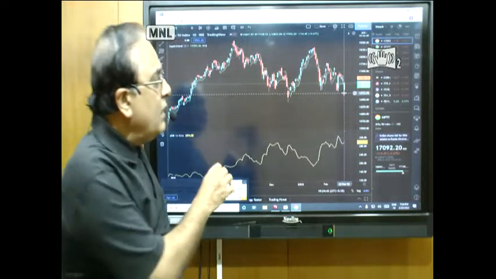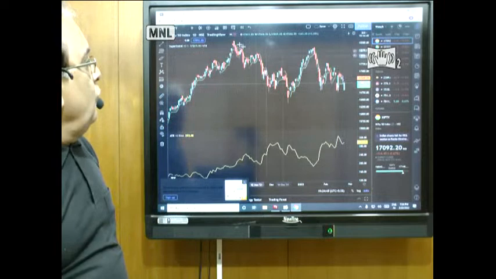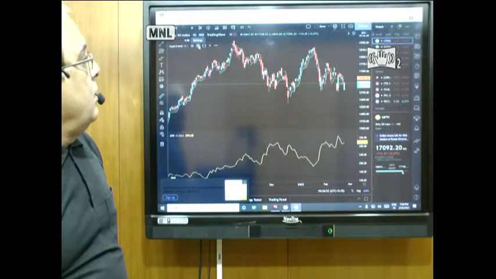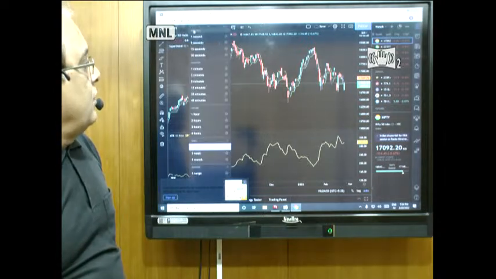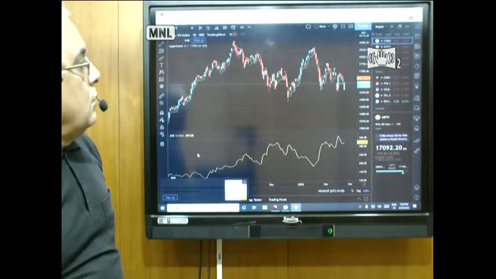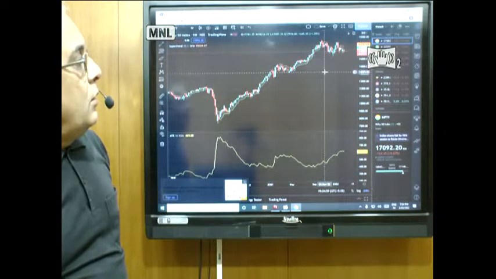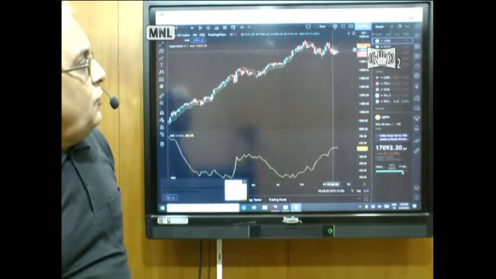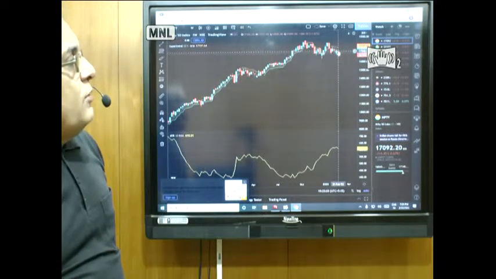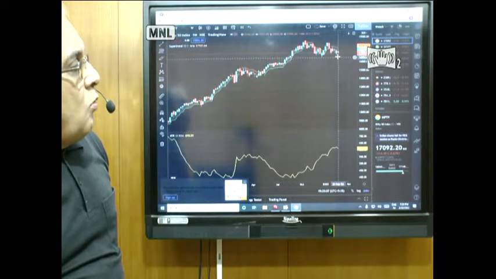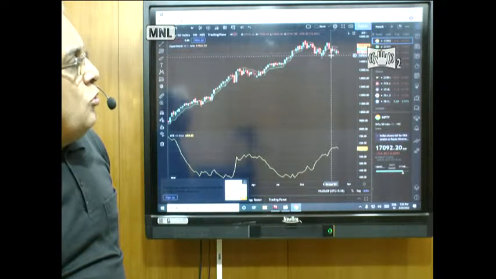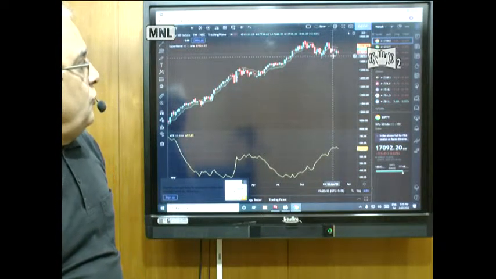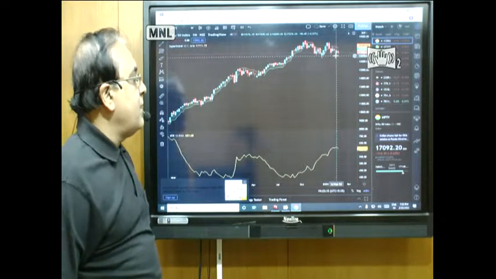Now let us look at a different time frame. Let us look at a weekly chart to get a bigger picture. Okay, now let's look at the weekly chart. Once it comes to 17,707 and has started to trade below, we have always seen resistance and support levels keep coming here.